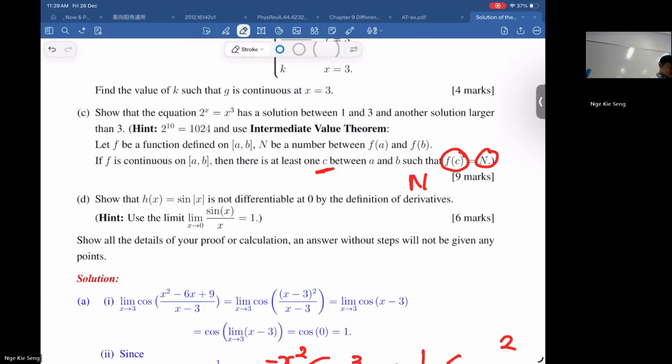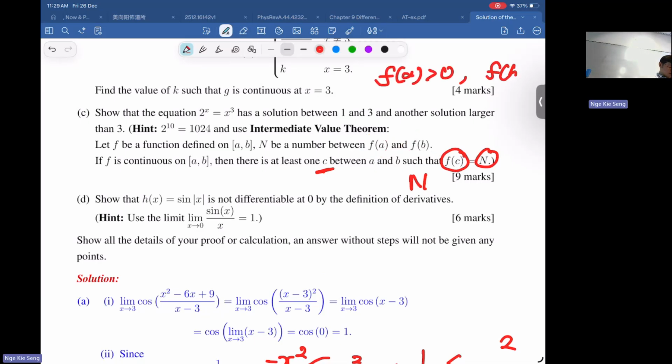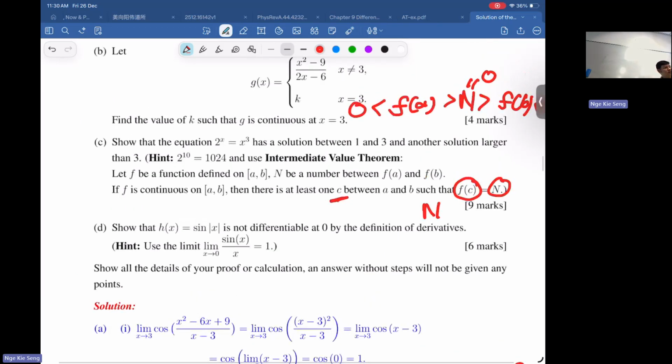We had f(a) greater than 0, f(b) less than 0, then this n is in between them. The n we are interested in is 0 because we want to solve it. So far, any question?